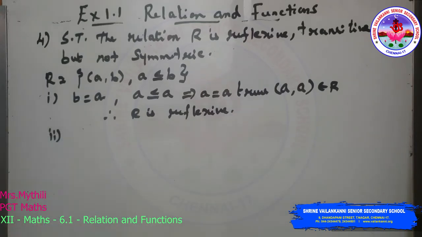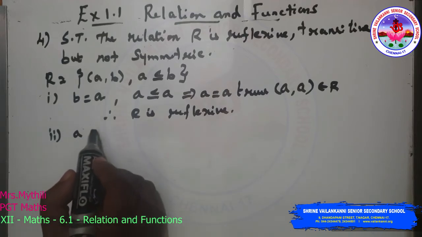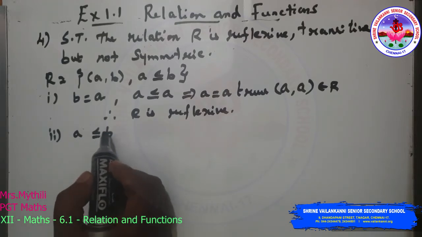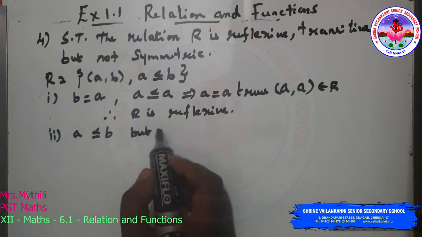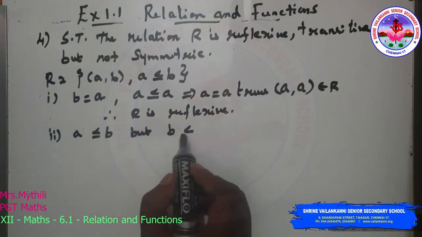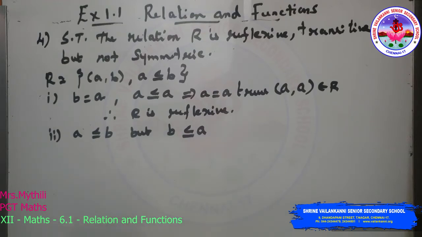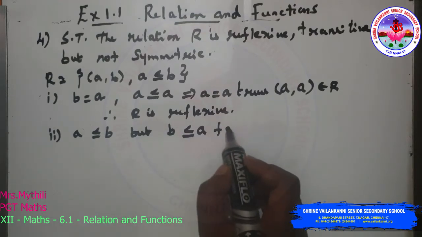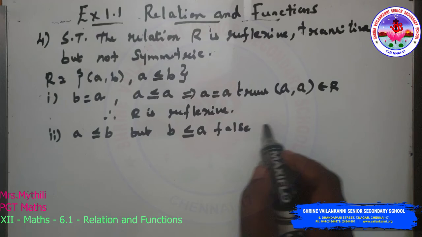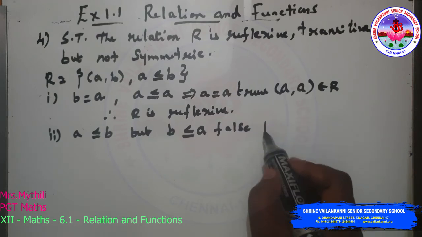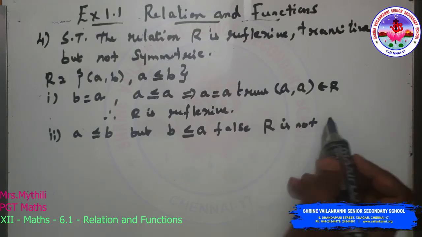Second one, checking whether the relation R is symmetric. a is less than or equal to b, but b is less than or equal to a is false. Then we can say that R is not symmetric.